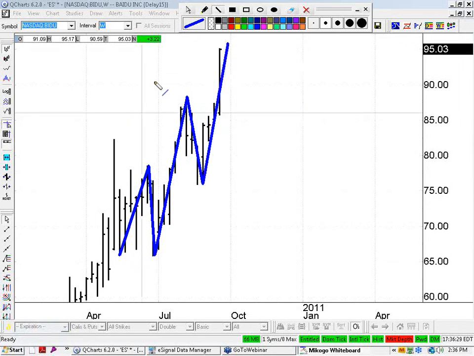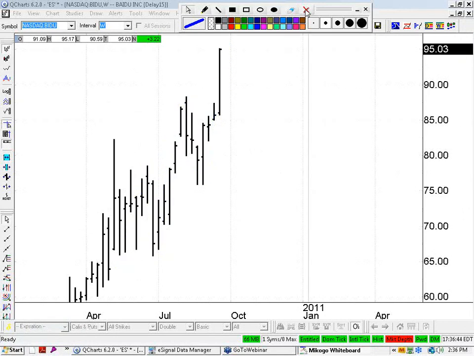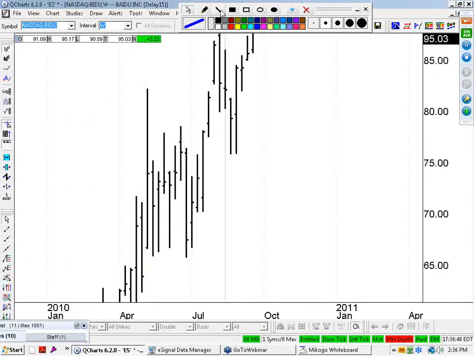Okay. Now, once this thing cleared this high over here, we'll call that point B. Now, which one's a lower low? Okay. Once we clear point B, then technically speaking, this has cleared it already, and it's going to want to go higher.